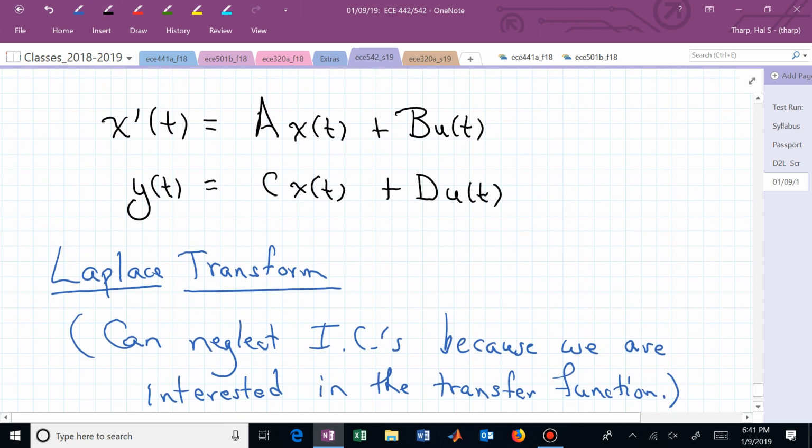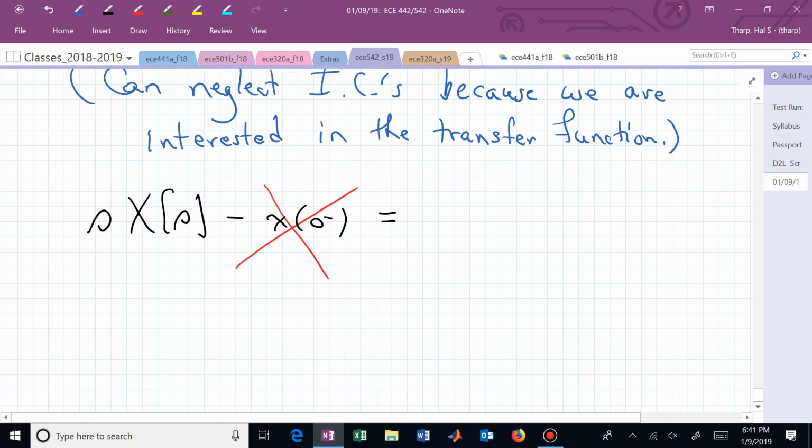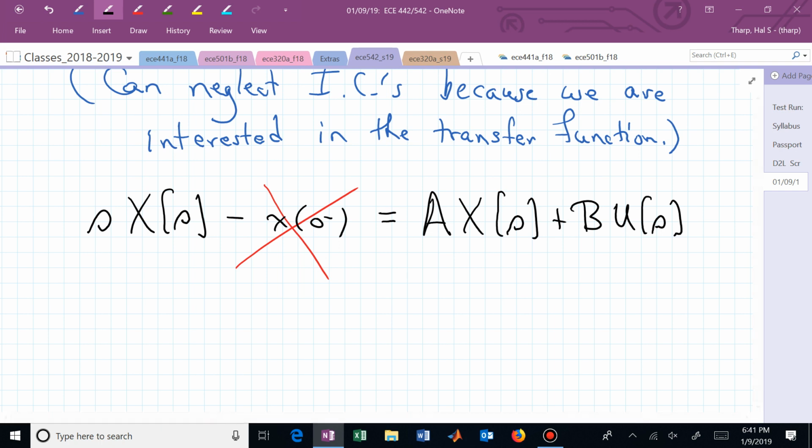Now I need to Laplace transform the right-hand side, and A, in this linear time invariant case, is a constant matrix. That factors out of the Laplace transform. Meaning the right-hand side is going to be A times capital X of s plus B times capital U of s. s is a scalar. That's our frequency variable. That's a complex number.